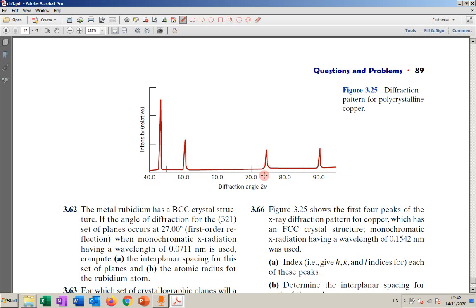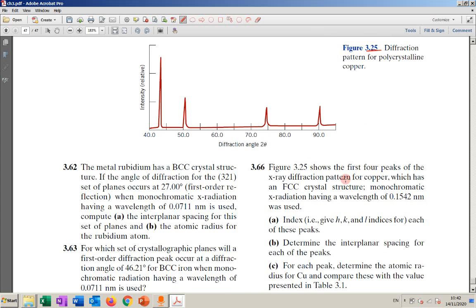Now this is, let's say, 325. Let's say it's FCC, they tell us this is FCC crystal structure. If I know FCC, how do I know the first peak, the second peak, the third peak, the fourth peak? I know the rule for FCC. It says that HKL are all odd or all even. So how do I know what the plane is here?